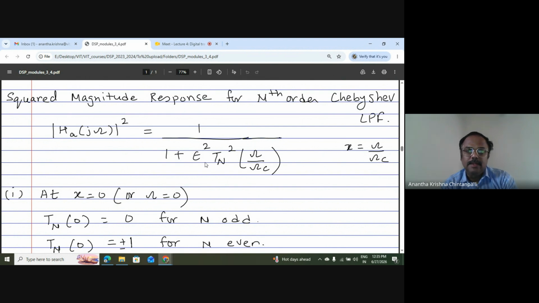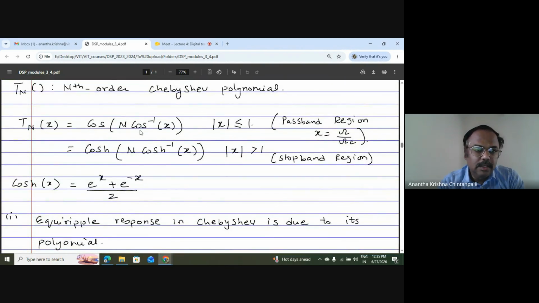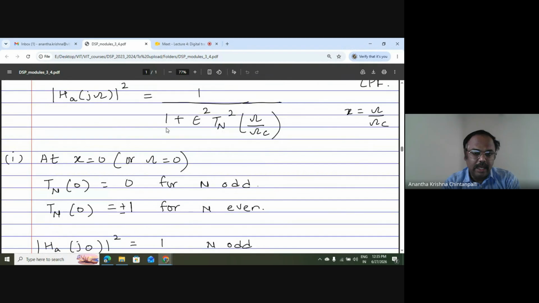What happens to Tn of 0? Cos inverse of 0 is nothing but pi by 2, so this is going to be n pi by 2. Depending upon the value of n, if n is odd, then cos of n pi by 2 is going to be 0. If n is even, then it will be plus or minus 1.